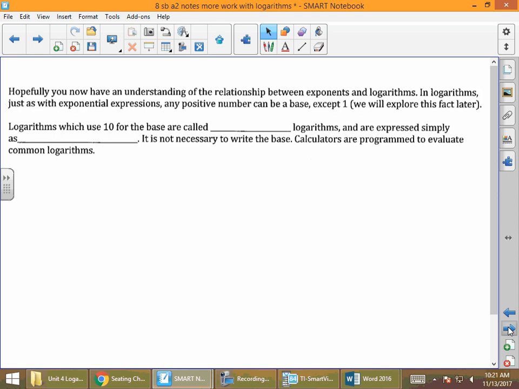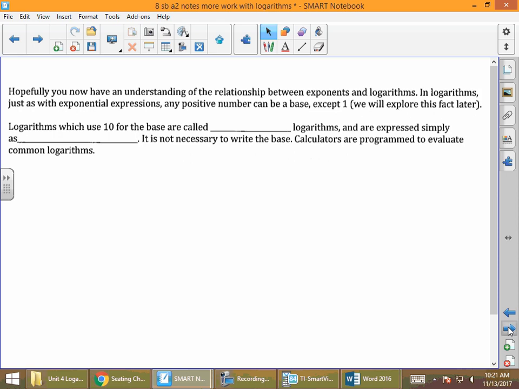Hopefully, you now have an understanding of the relationship between exponents and logarithms. In logarithms, just as with exponential expressions, any positive number can be a base, except for 1, and we'll look at this a little bit more later. But just a few more little facts about logarithms.